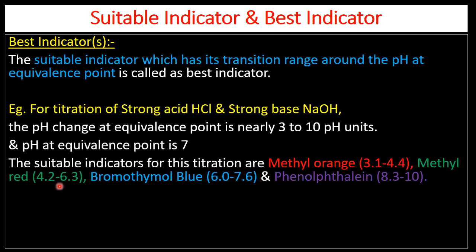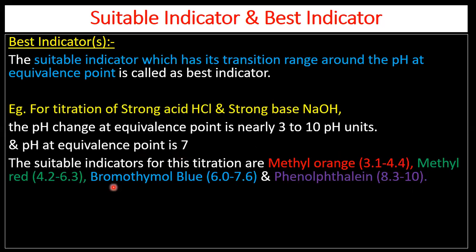Methyl red 4.2 to 6.3, so this transition range is not around the pH at the equivalence point. Bromothymol blue 6.0 to 7.6, so the transition range of this bromothymol blue is around the pH at the equivalence point. Phenolphthalein transition range is 8.3 to 10, so this transition range is not around the pH at the equivalence point.